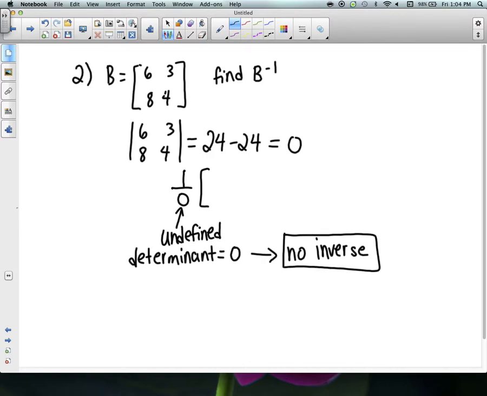All right, last thing, I know this video is getting a little bit long. I'm going to show you in this video how to find your inverse of a 3 by 3. This is going to involve using your calculator.